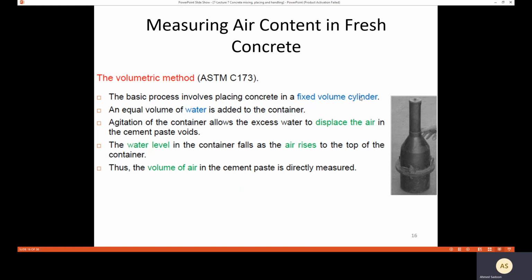When we agitate the cylinder, the air voids rise to the top, and the level of the water falls. Thus, the volume of air in the cement paste is directly measured. After the disappearance of the air, we can measure the air content.